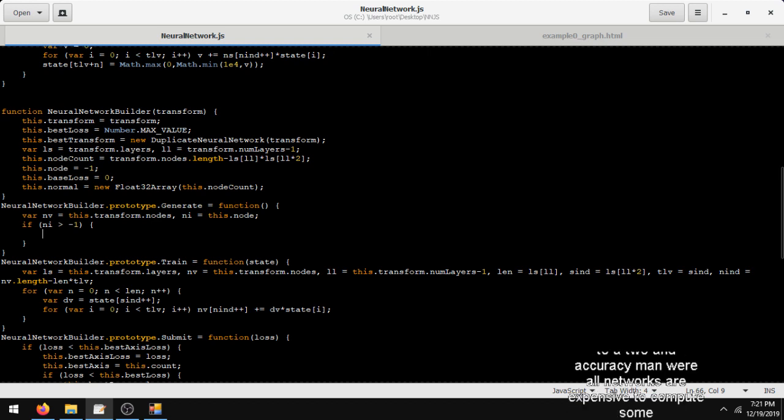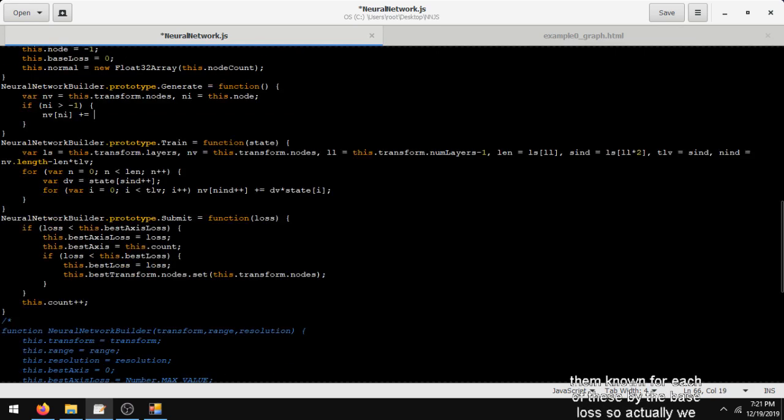So anyways, each of these node indices is an axis on the normal. So I have to offset the node for each of these by the base loss. So actually, wait, let me do this first.